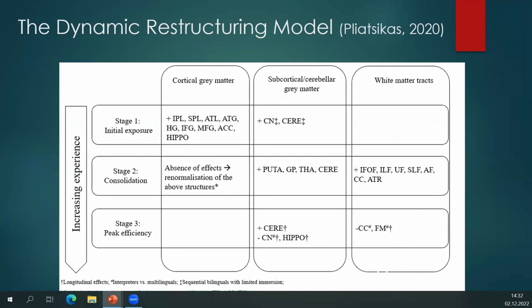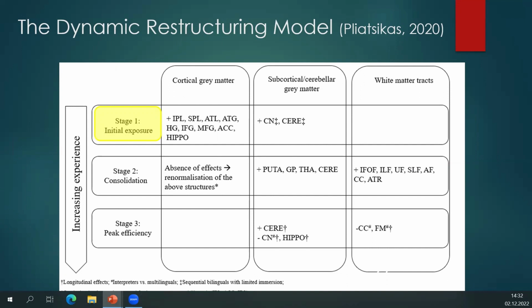So I separate the bilingual experience into three notional stages. We can discuss whether that's valid or not. But it seems like at the first stage, where you're initially exposed to the language, you're exposed to an environment that makes you speak the language.